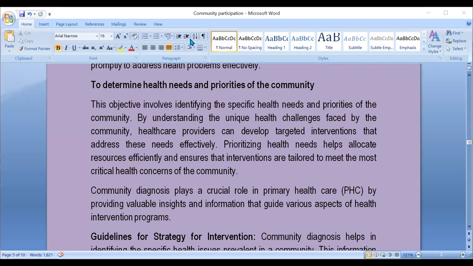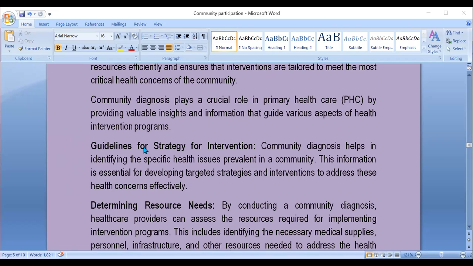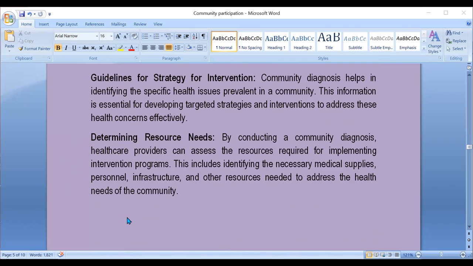The three are the main aims, whereas the roles or the functions include: it provides guidelines for strategy for intervention. So community diagnosis helps in identifying the specific health needs prevalent in the community. That's one of the functions of the role. It helps to determine the resources needed because you have already carried out the data.